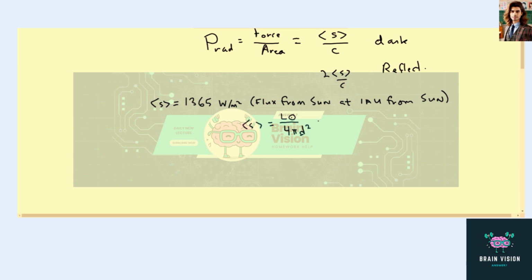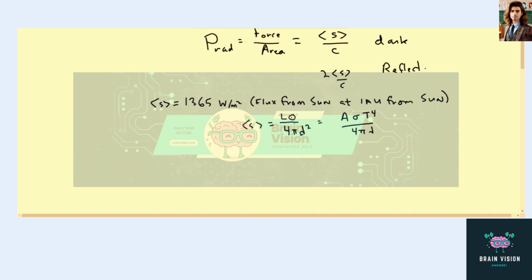And the luminosity basically comes from the Stefan-Boltzmann law, the area of the sun times the Stefan-Boltzmann constant times the temperature to the 4th power.